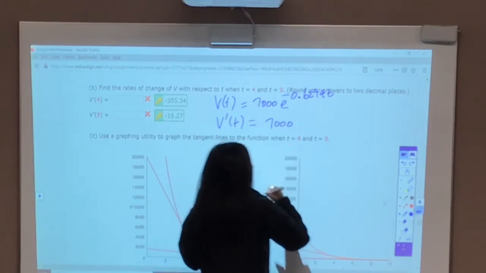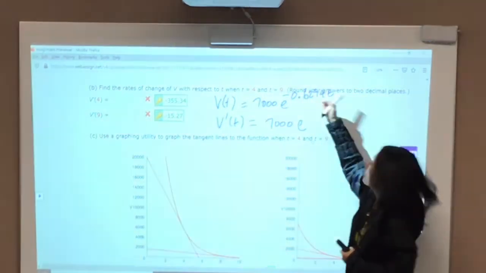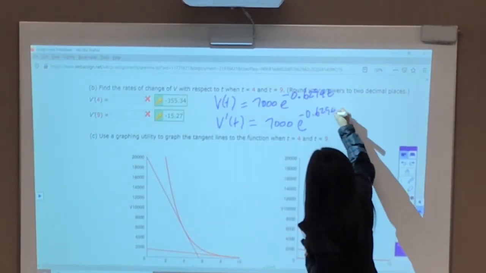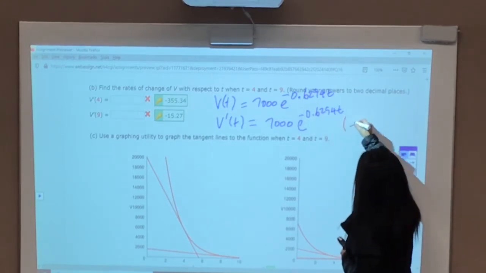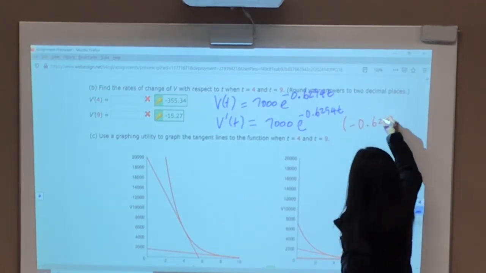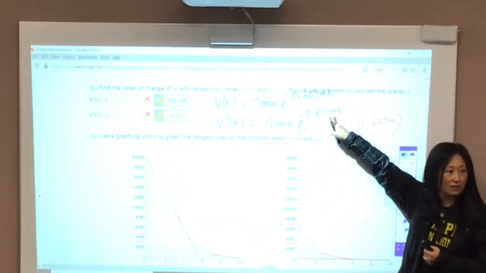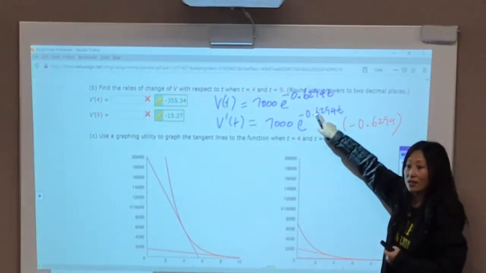7,000 does not change, and I will write down exactly the same thing: e to the negative 0.6294 t, and then I will multiply by this number, negative 0.6294, because that's the derivative of the exponent. Derivative of this is that coefficient.